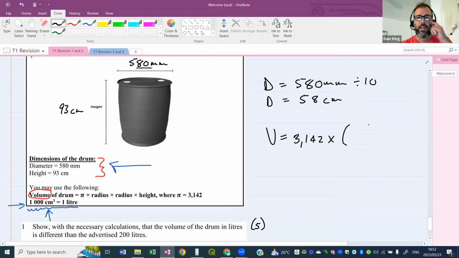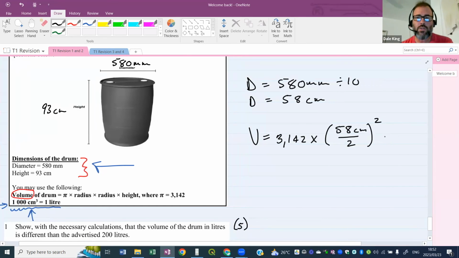That's the diameter we're working with. Convert it first. Then in my formula, I'm going to take my diameter, which is 58 centimeters, and cut it in half to make a radius. And the radius must be squared. Not only that, but I've got to multiply by the height, which is already in centimeters, so I'm safe. I converted my diameter, and it's all in the formula now.